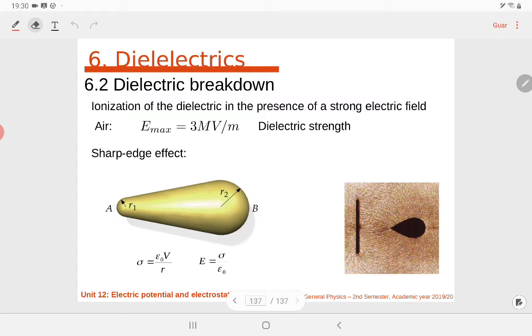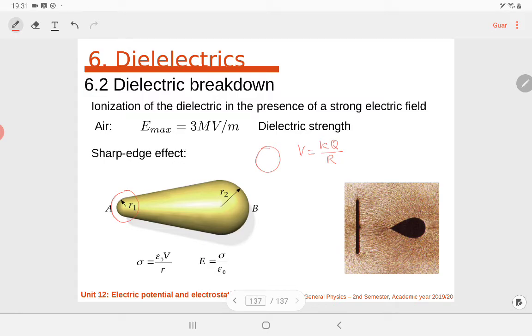So we can approximate this area here as if it were a spherical conducting sphere. For a conducting sphere, if you remember, the potential was related to the charge and the radius.